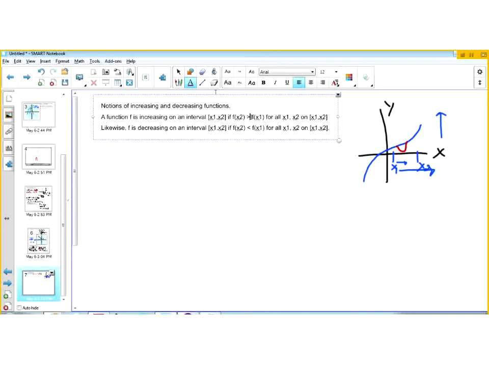Now, I'm going to loosen this up a little bit. Instead of strictly greater than, I'm going to say greater than or equal to, or less than or equal to, right? So we'll use these as the framework for increasing and decreasing functions.